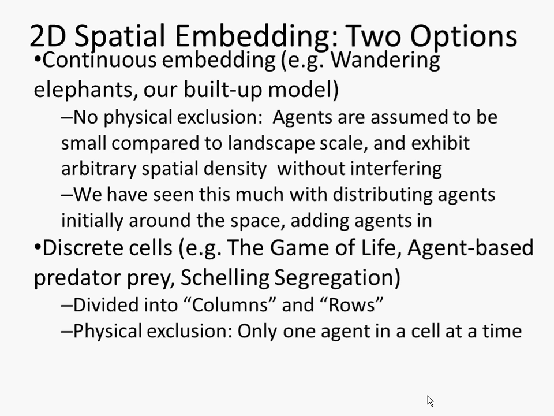So we can have perhaps a house or a store in this lot, or the lot can be empty, here's a brownfield, but only one thing can go in there at a time. And in this situation, the space is divided into columns and rows, discretized, quantized, it's broken up in a gridded fashion.